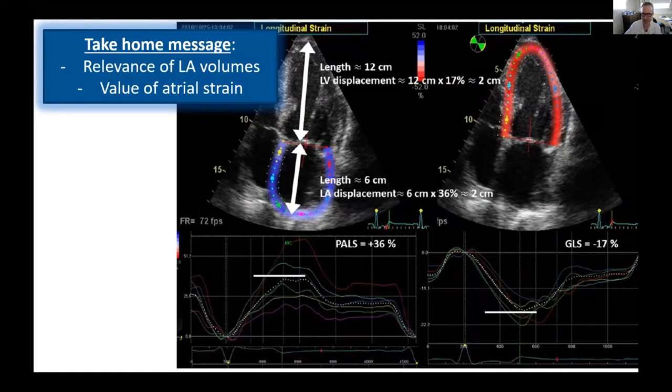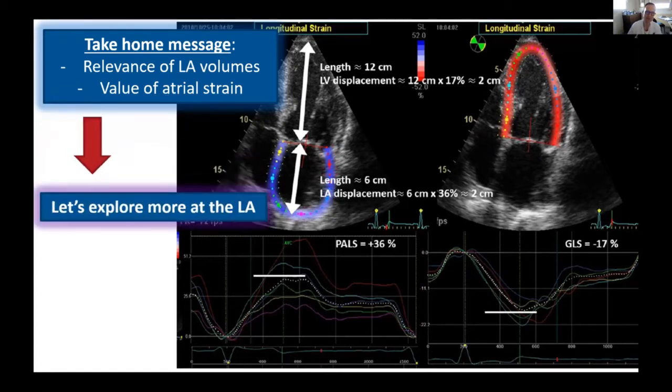At least the LA reservoir function can be reported, and it's something that is providing something more than the assessment of LA volume. So please consider this tool. If you are below 20% for the LA reservoir function, you are at risk for arrhythmias. If you have a LA reservoir function about 40%, you are quite normal and the risk is very low.